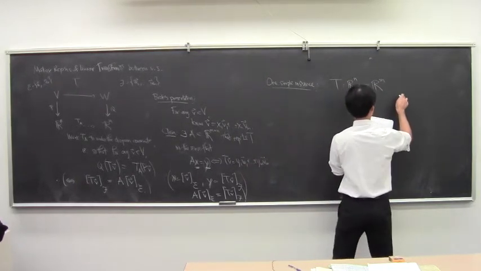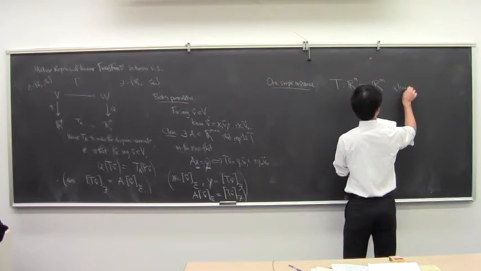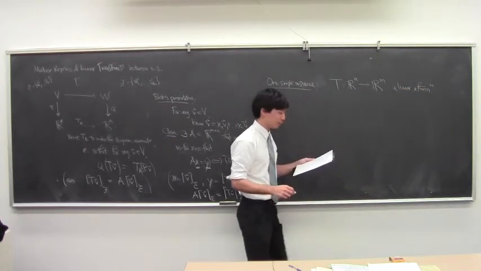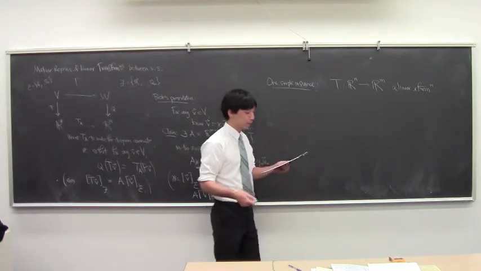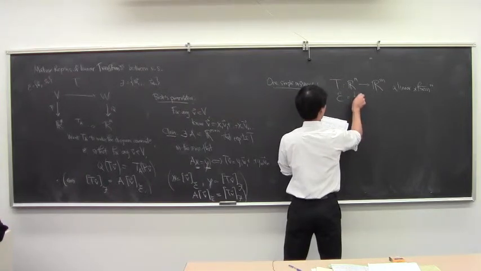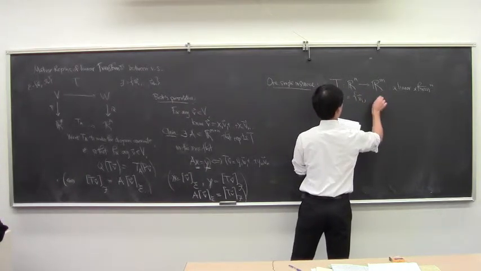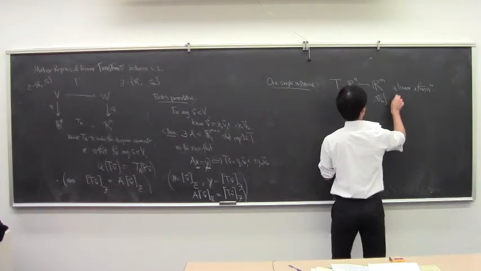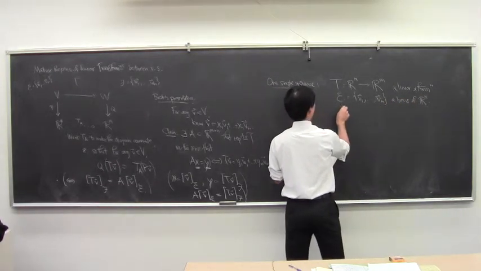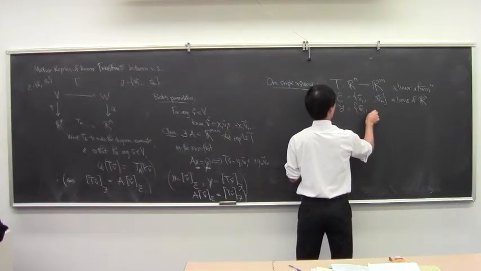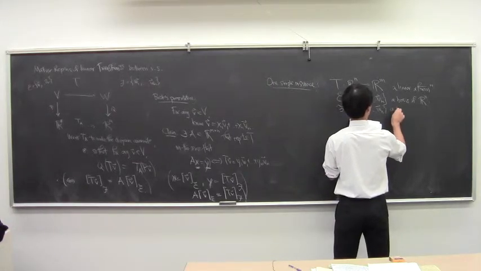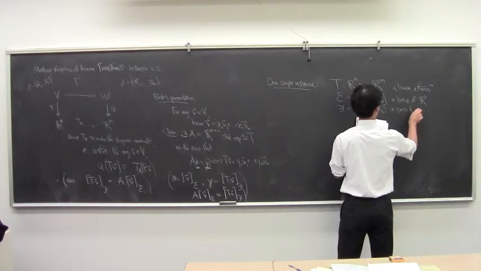Okay, that's a linear transformation. And you'll see why we're doing this in a minute. Like what's the point of doing it in this simple case? So again, we're going to have a basis E, v1 through vn, a basis of Rn, and F, w1 through wm, a basis in Rm.